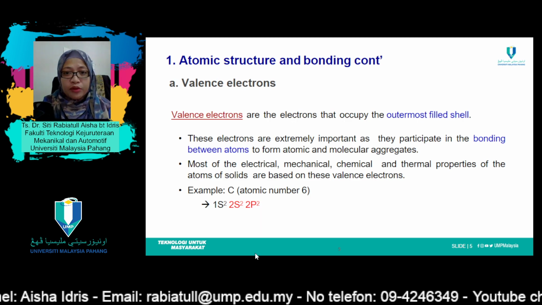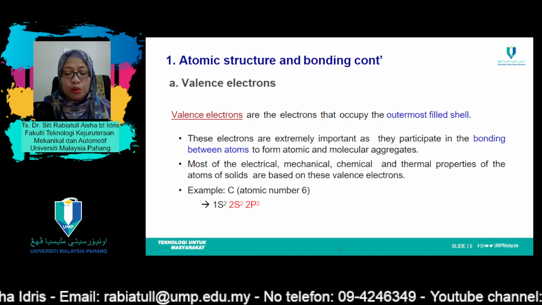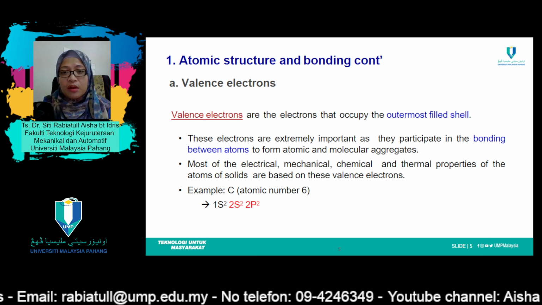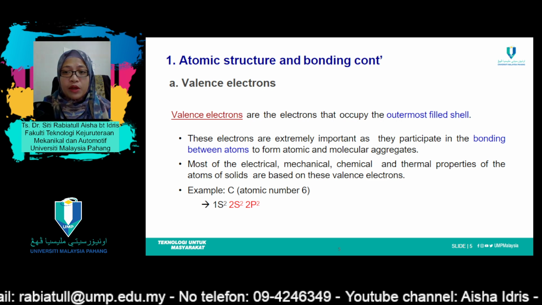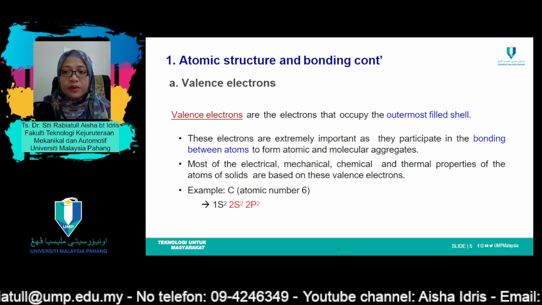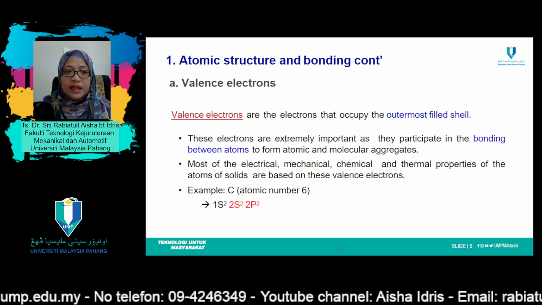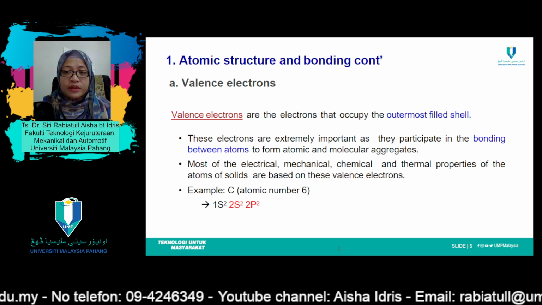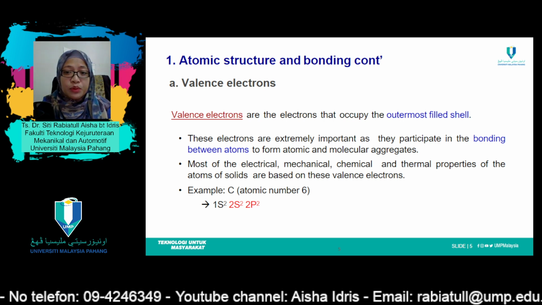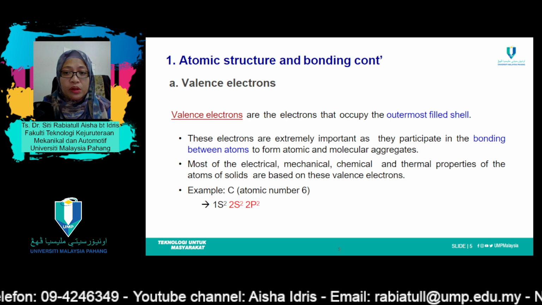And in atoms, there are valence electrons, which are the electrons that occupy the outermost shell. These electrons are extremely important as they participate in the bonding between atoms to atomic and molecular aggregates.